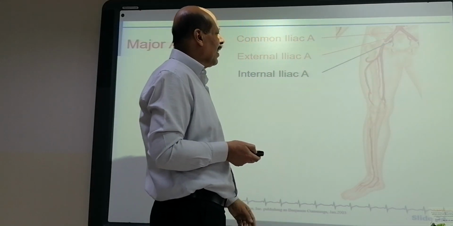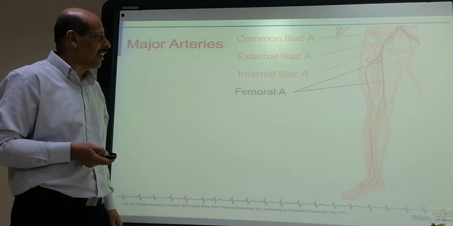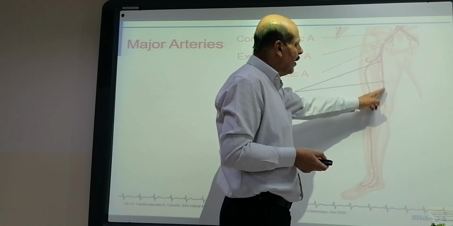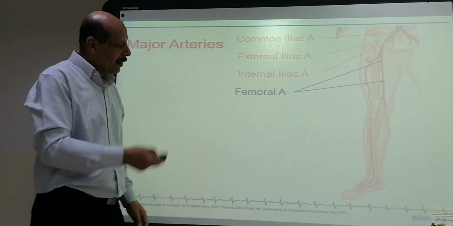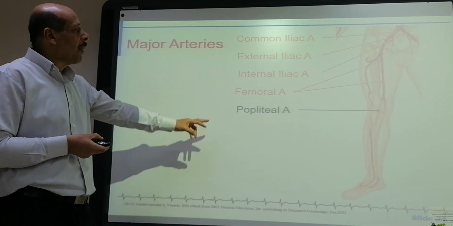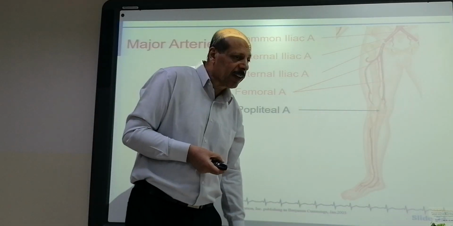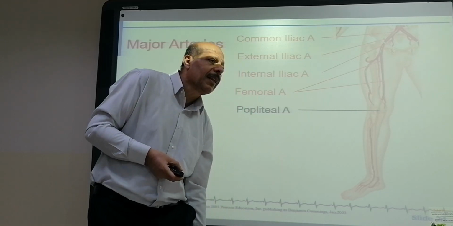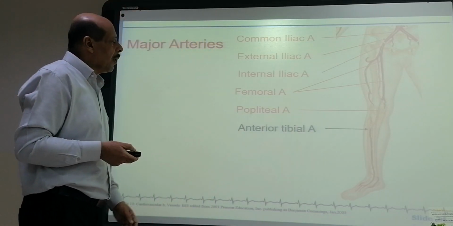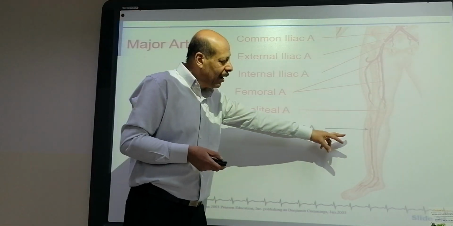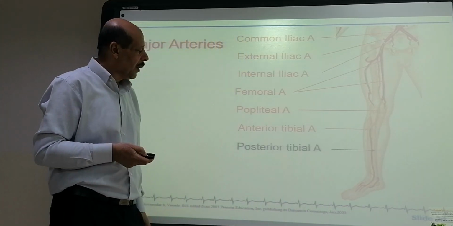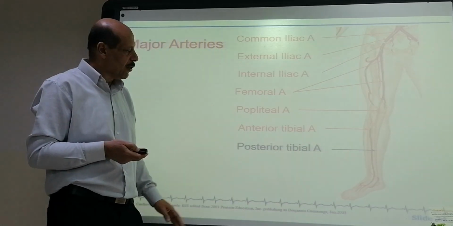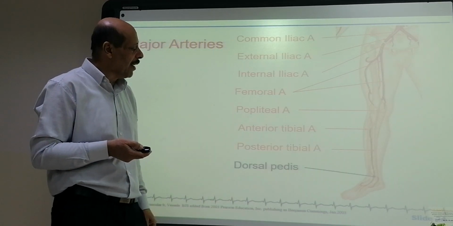Then the femoral artery comes down, then the popliteal artery, which is behind the knee joint. The anterior tibial artery is beside the tibial bone, and the posterior tibial artery, one in front and one on the back.